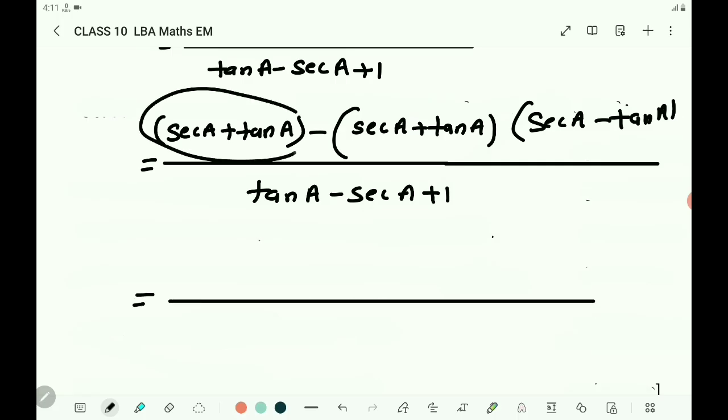here secant a plus tan a and secant a plus tan a, a common factor is there.